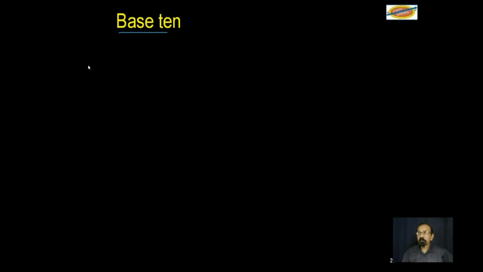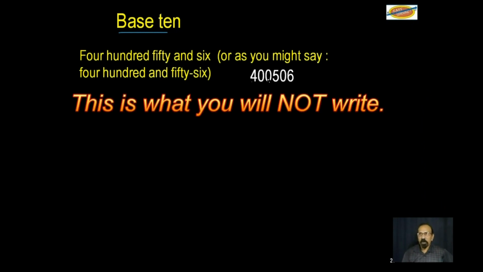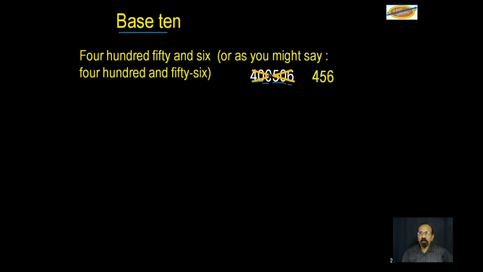So, base 10. If I were to ask you to write the number 456, you will not do this. You will not write a 400 followed by a 50 followed by a 6. That is what you will not do. Rather, you will write it like this: 4, 5, 6.